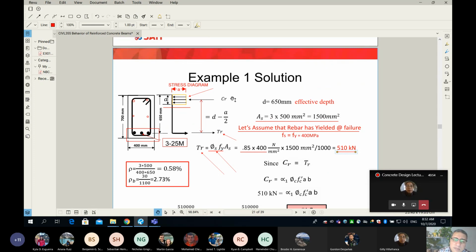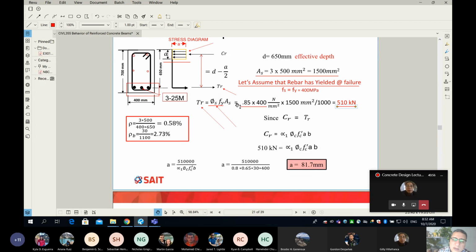What should be the relationship between the TR and CR? What do you think? They always have to balance each other, because simply my section is not going to the left or to the right, it stays in place. So my forces, sigma Fx, the sum of forces in the x direction, equal 0. It means my CR equals TR.